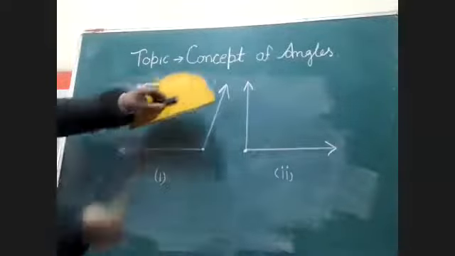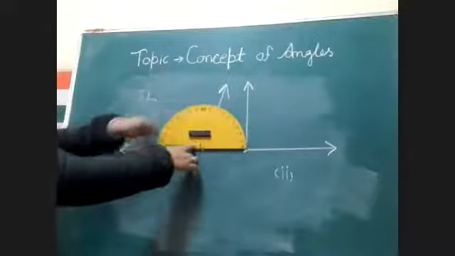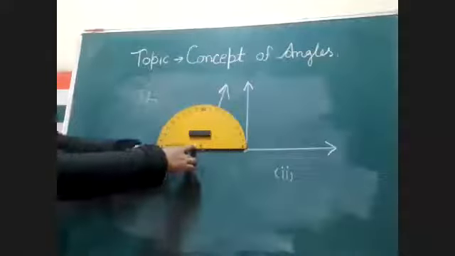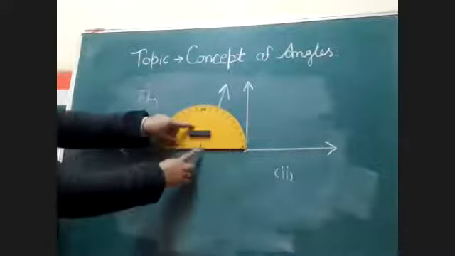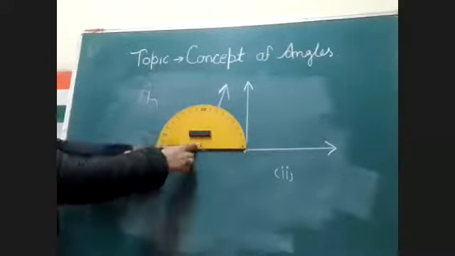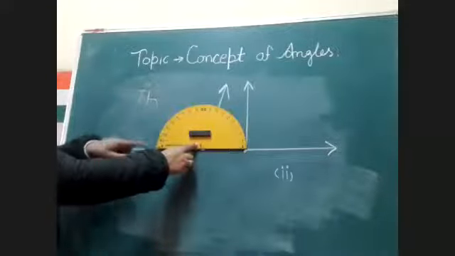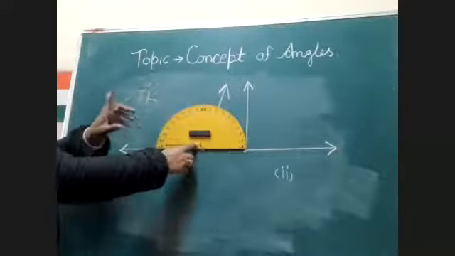Again, put the center, okay, and match this ray with the base. Now, when we put the center on the vertex and match these two lines, then start from 0. Now, in this case, 0 is on our outer scale.